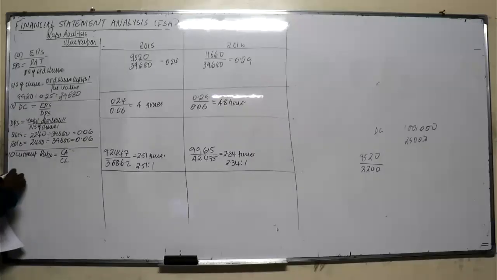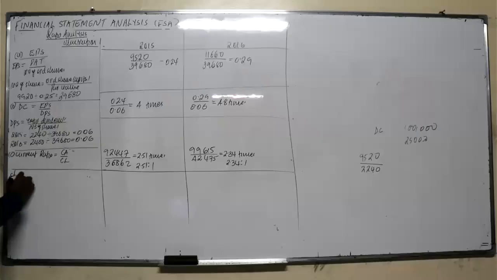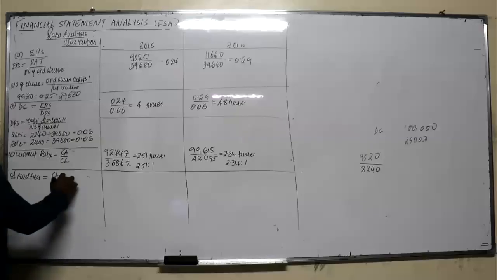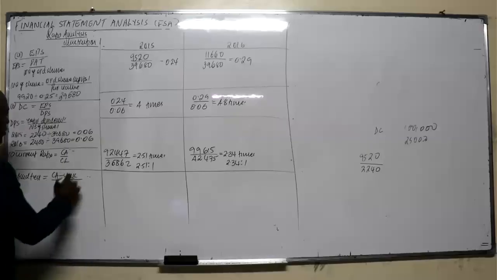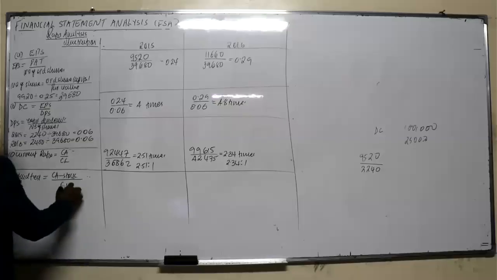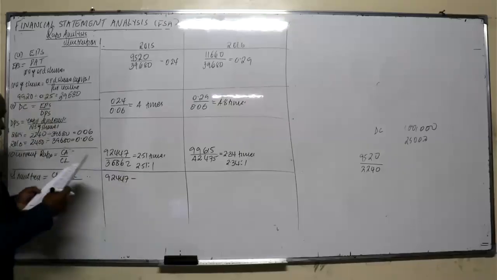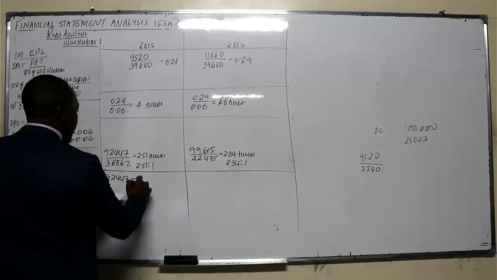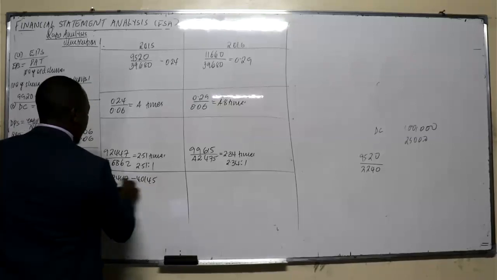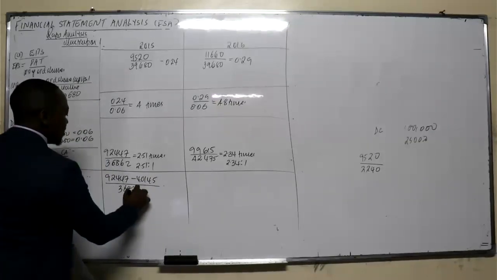Number D, acid test. Acid test, you take the current assets excluding what? Yeah, you exclude the stock so that you remain with the most liquid current assets, and then you divide by the current liability. So you take 92,447, you deduct our inventory, which is 40,155, over the current liability of 36,862.